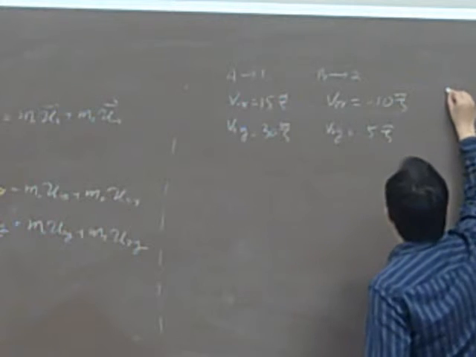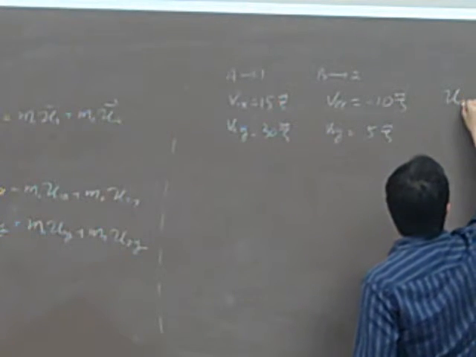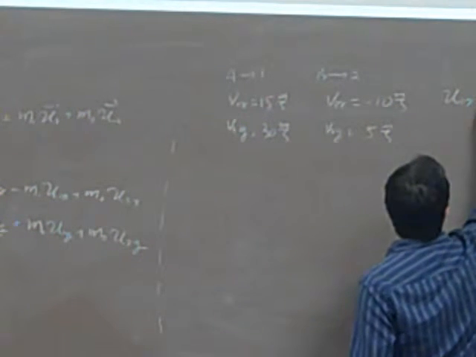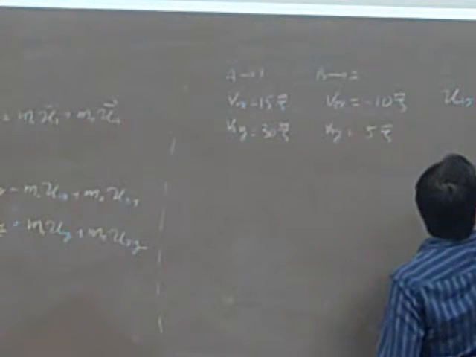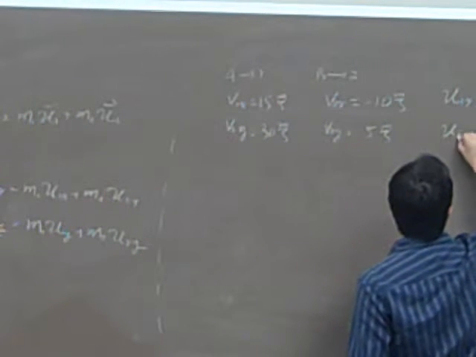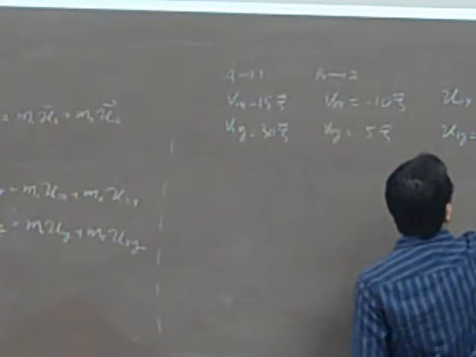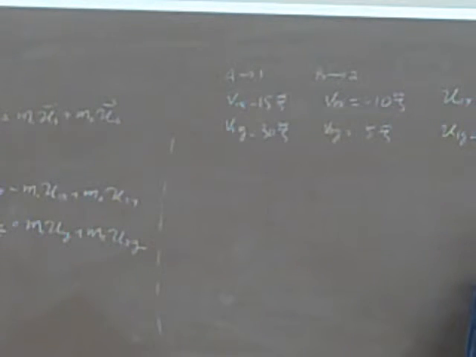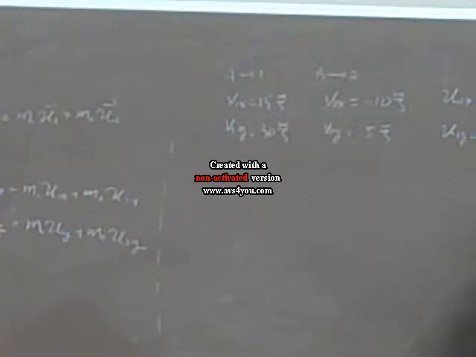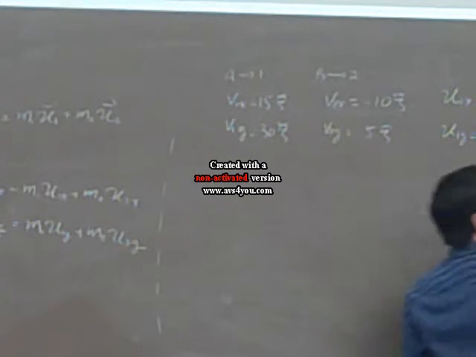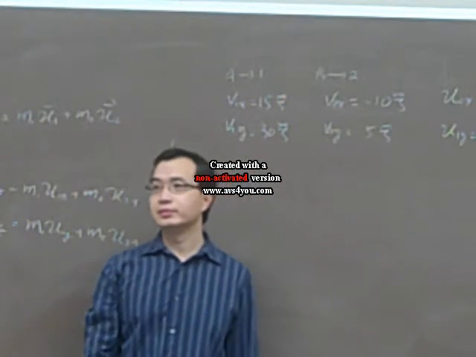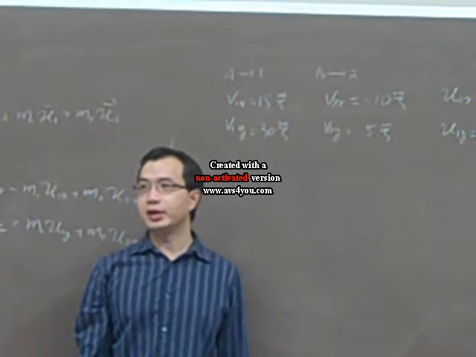Okay, and what's u1x? Minus 5. What's u1y? 10. And we want to find u2x and u2y. And finally, from those, we can find u2, the magnitude. That's what we are going to do here. Any question here?